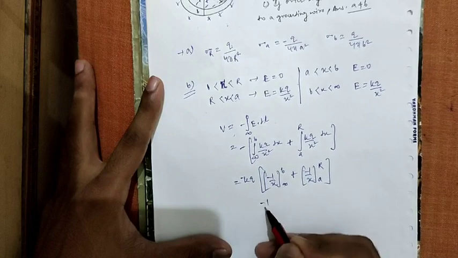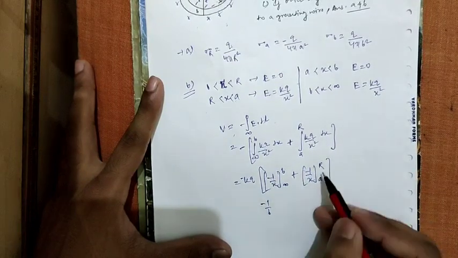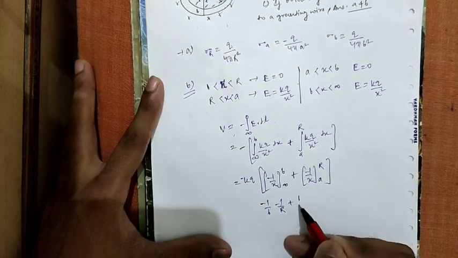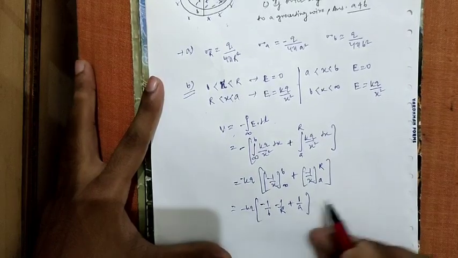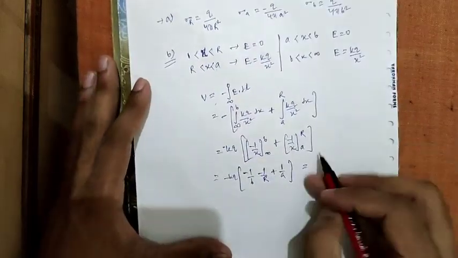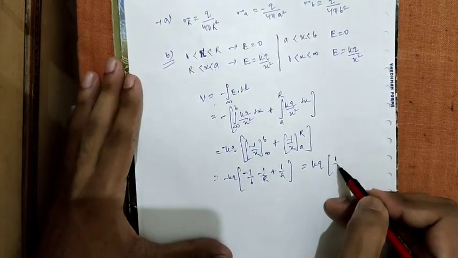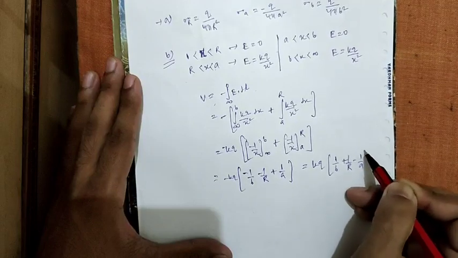So it is equal to minus kq times, minus 1 over b, plus 1 over infinity which is 0, and minus 1 over r plus 1 over a, which eventually equals kq times 1 by b plus 1 over r minus 1 over a.